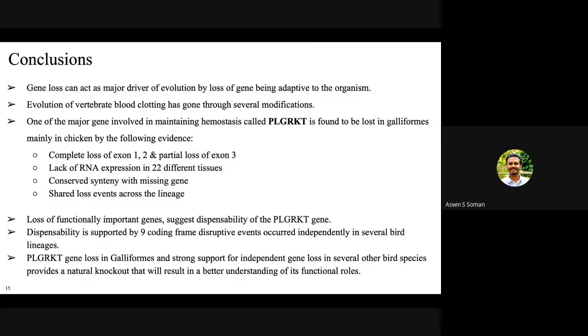This gene loss in galliforms and the strong support for these independent losses provides a natural knockout that will result in a better understanding of its functional roles.